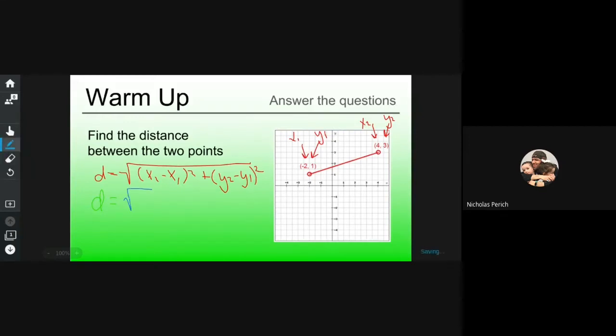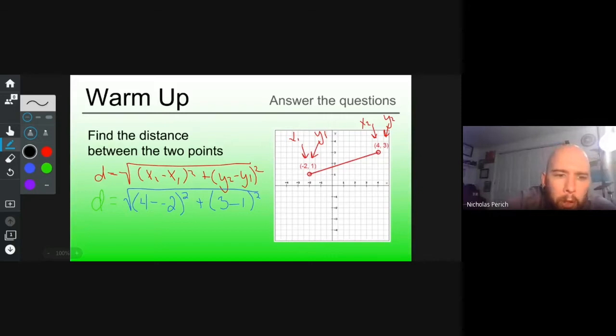Square root. X sub 2 I called 4, minus x sub 1 I called negative 2, close parentheses squared, plus y sub 2 I called 3, minus y sub 1 is 1, close parentheses squared.